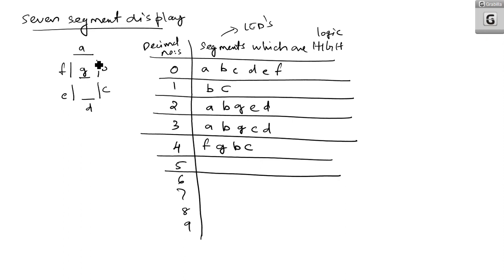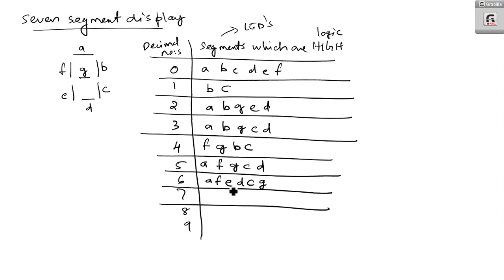To display 5, A, F, G, C and D should be on. To display 6, A, F, E, D, C and G should be on.